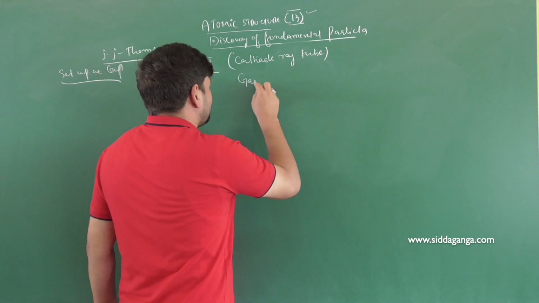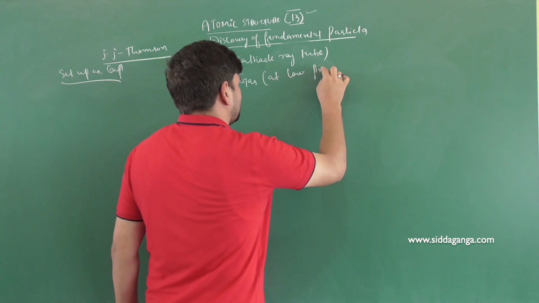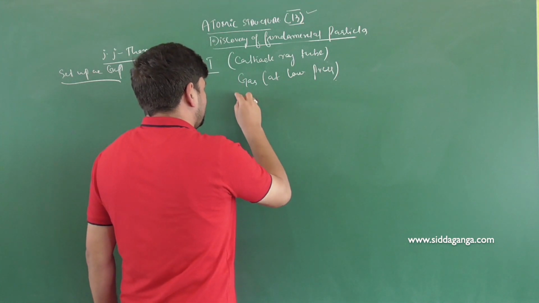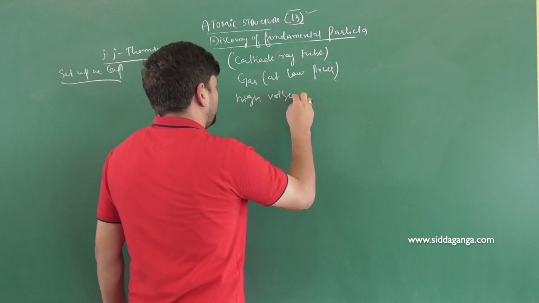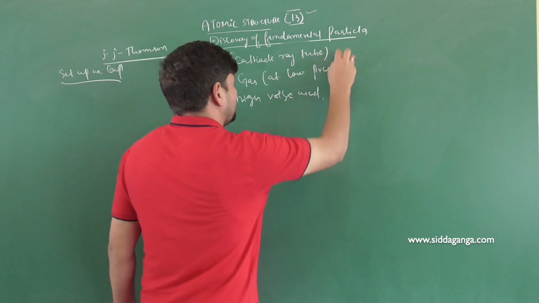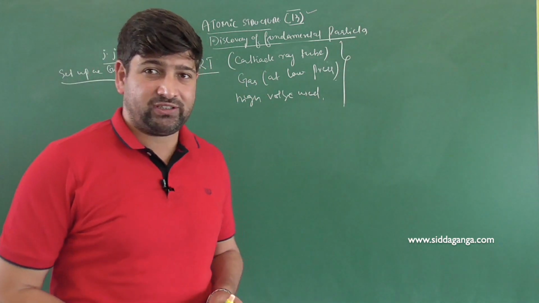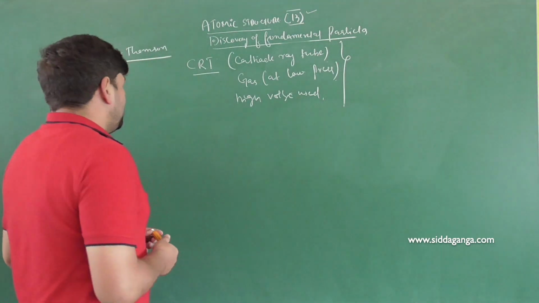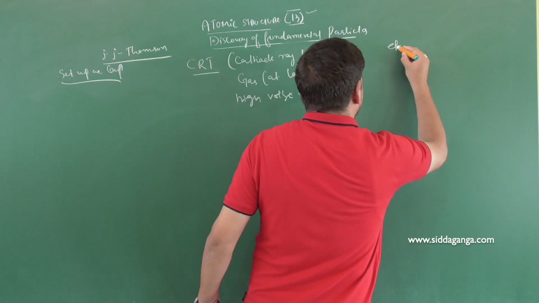Gas at low pressure and high voltage used, and the nature of the basic particle was elucidated. Now, what exactly was the setup in which the fundamental particle called electron was found out?